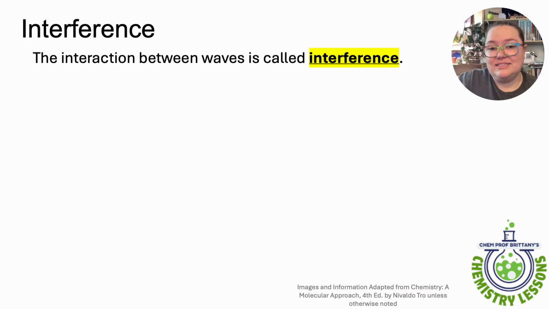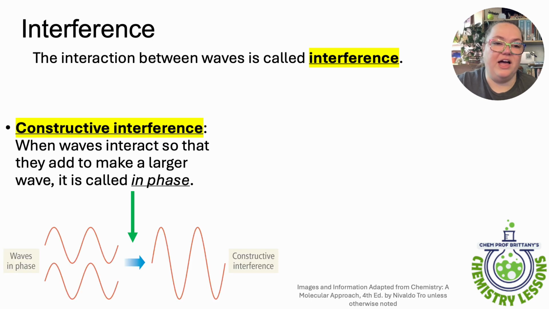Now, light and other waves also undergo what we call interference, which is the interaction between waves. And there are 2 different types of interference. We've got constructive interference and destructive interference. So constructive interference happens when the waves interact in such a way that the waves get bigger when they add together.